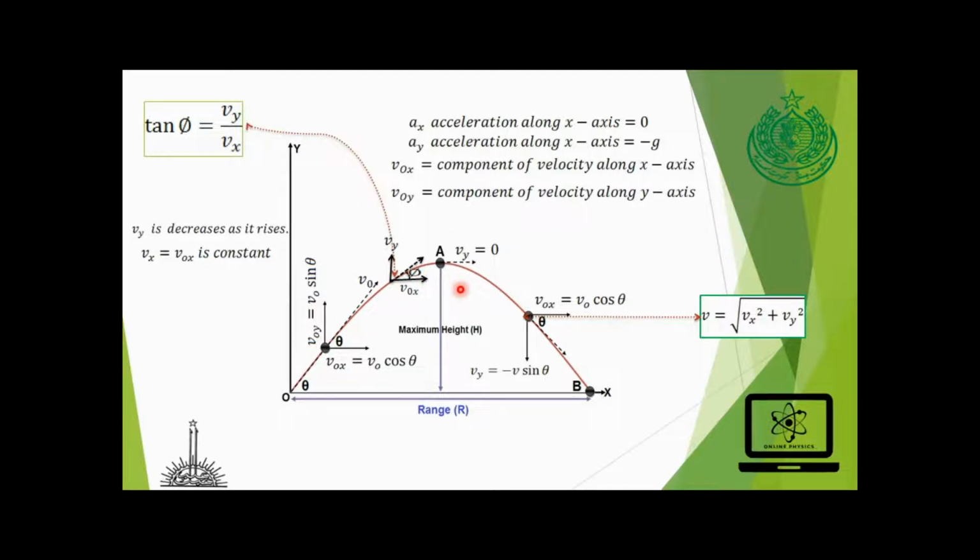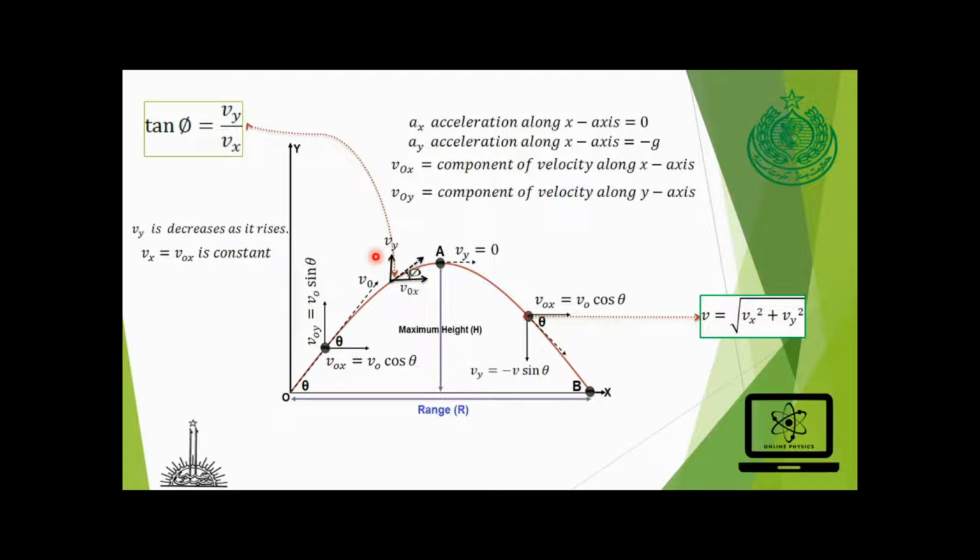If we want to find the resultant velocity vector at any instant during the motion, like for this resultant velocity vector, and we want its magnitude, we will use this formula: v equals the square root of vx squared plus vy squared. For example, I am taking this point.